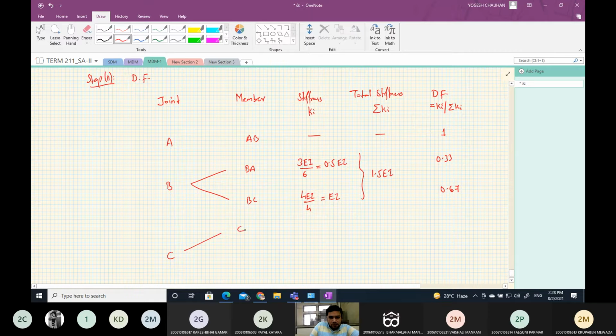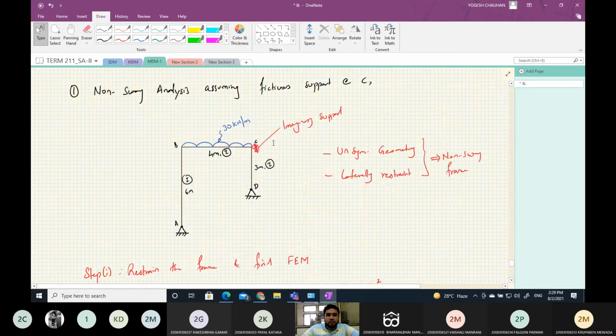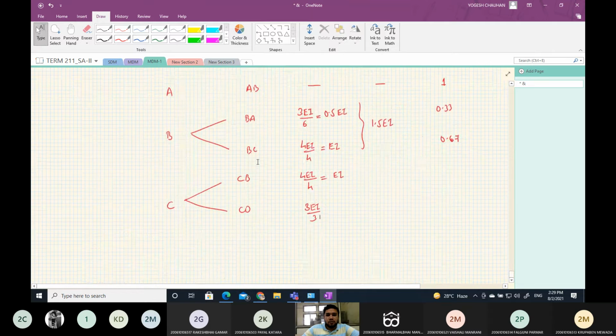Similarly, for joint C, it is connected to CB, CD. CB is 4EI by 4, that is EI, and CD is 3EI by 3, because the length of this member is 3 meter, so it is EI.